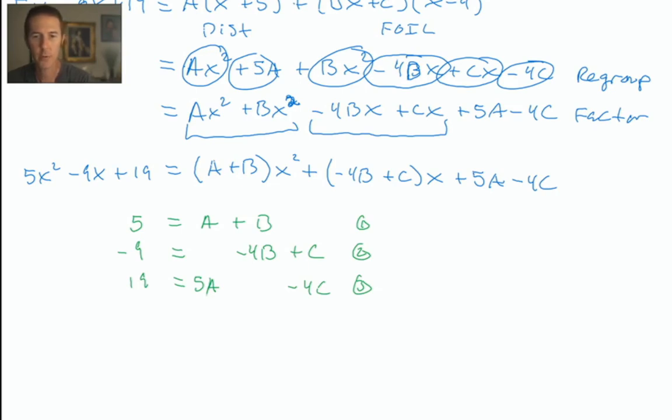Now, this system of equations is a little bit unusual because each one of the three equations is missing one of the terms. So you have to decide which of the variables you're going to eliminate. Typically, in a system of three equations where one of the variables is already missing, I would say pick a variable that's already missing and choose that one to eliminate.